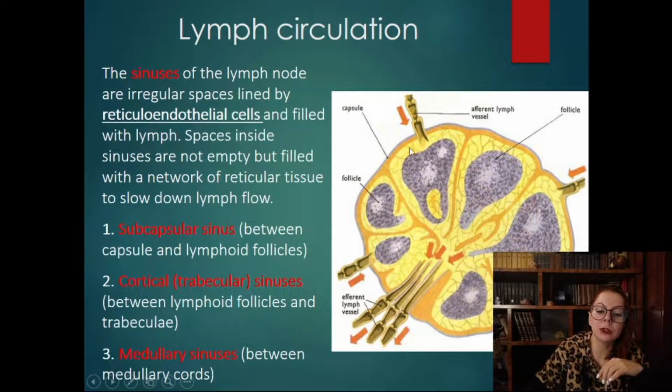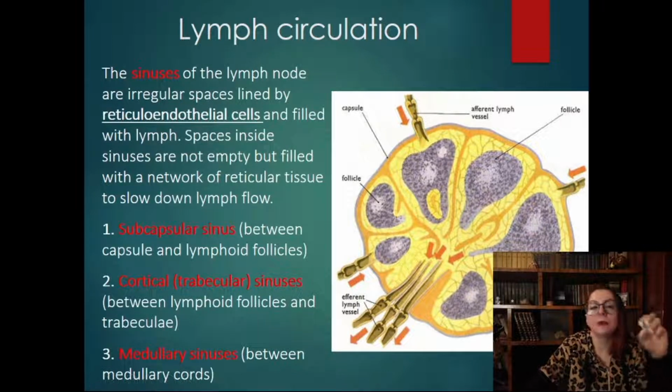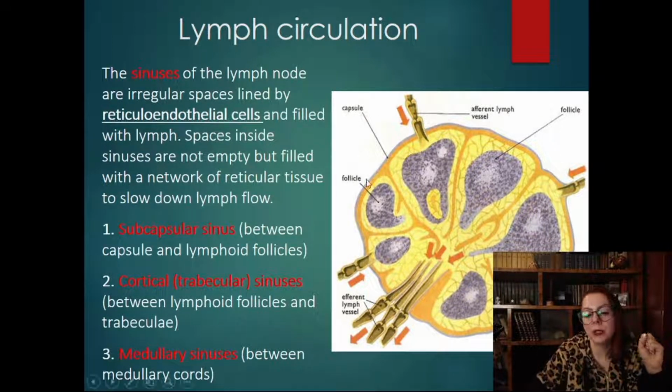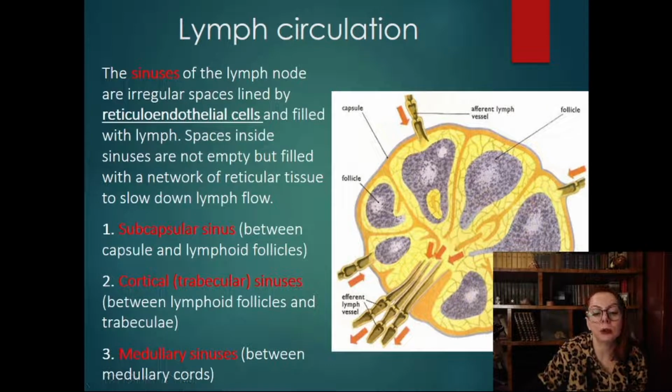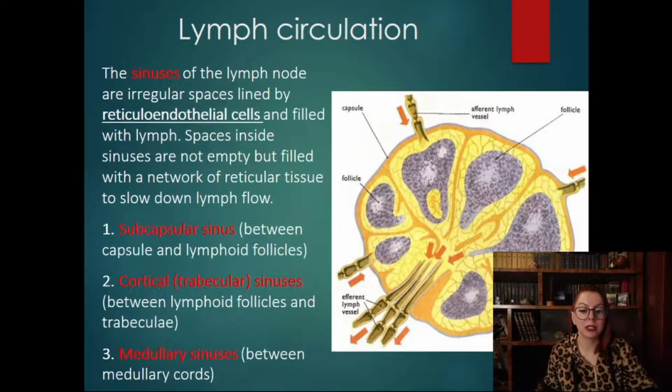And this tissue is needed to slow down the lymph flow, and also macrophages and dendritic cells are fixed in this meshwork on the one hand, and on the other hand they capture antigens passing by. So passing through the system of sinuses, lymph is purified by macrophages fixed inside this reticular tissue. Okay, now let's discuss how this system works.